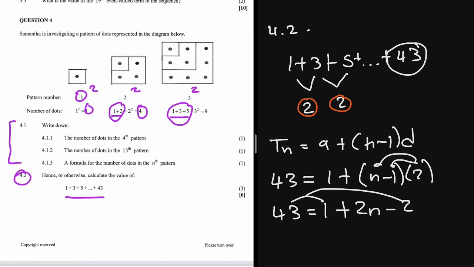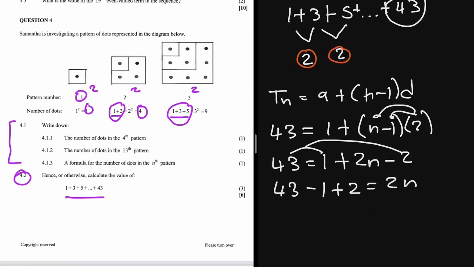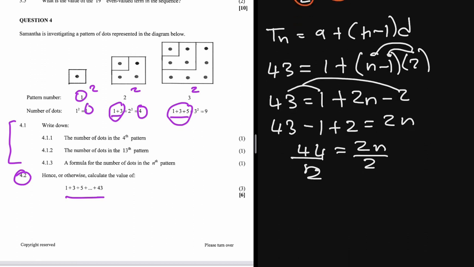So we have 43, 1 will be minus, 2 is negative so it's going to be plus, and then we have 2n. Now 43 minus 1 is 42, plus 2, that gives us 44. So we have 44 equals 2n. To get the value of n, we divide both sides by 2, and therefore the value of n is going to be 22.